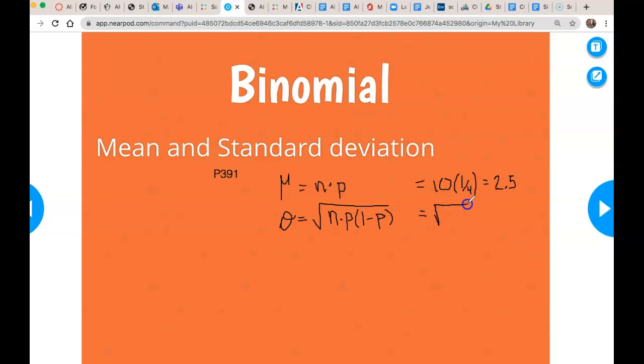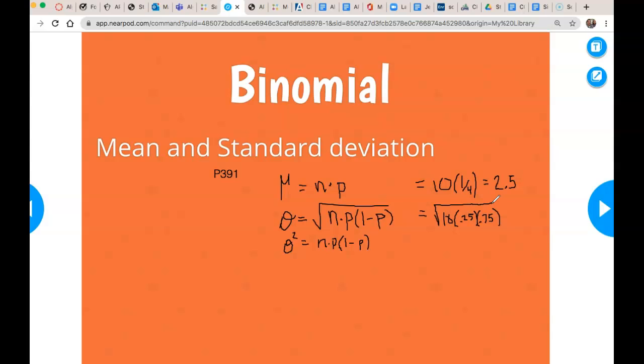Underneath the square root sign is the variance. So if you ever see or ask for variance, that is just n times p times 1 minus p, without the square root sign. With the square root sign is standard deviation. So we got 10 times 0.25 times 0.75. And 0.25 is success, 0.75 is failure.